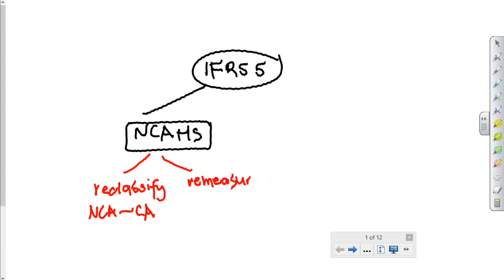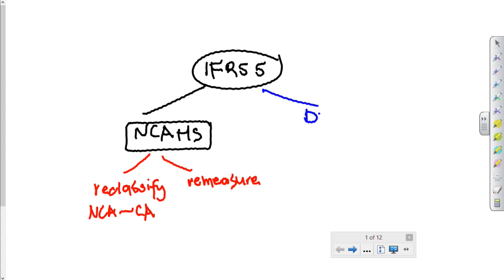You know, PPE we carry at cost less depreciation, isn't it? But if I'm not using it anymore, if my intention is to sell it, I need to remeasure it. And my measurement changes. An asset that I'm using is measured differently to an asset that I'm holding to sell or planning to sell. So IFRS 5 deals with non-current assets held for sale, which I need to reclassify and remeasure. We're going to look at that today.